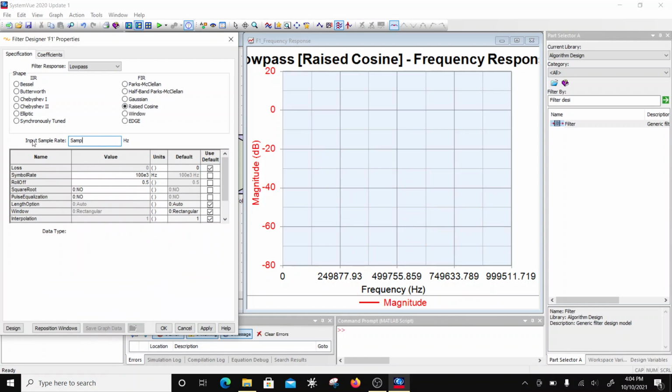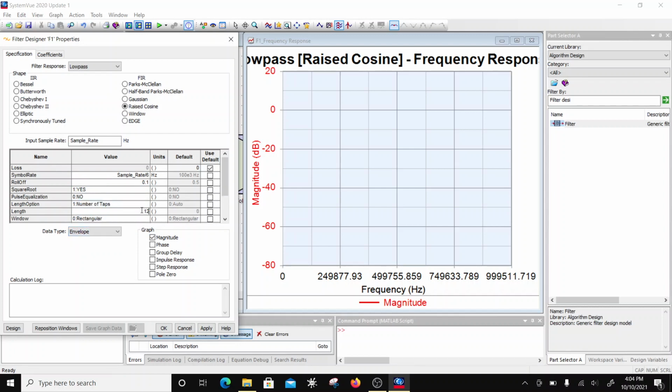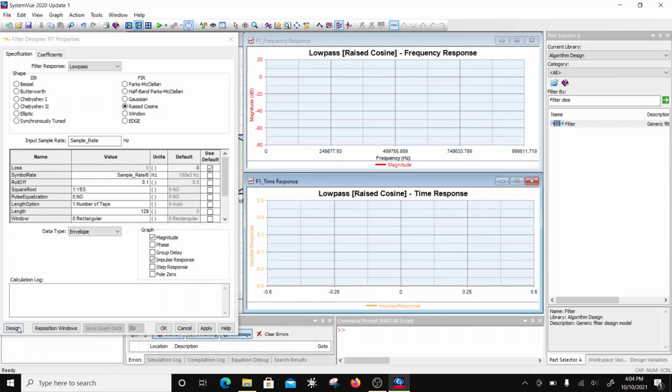Here I'm going to put sample rate by 6, with a roll off of, let's say, 10%, and the roll off nature is square root. The number of taps I'm going to put as 129, and this is a rectangular window, which I'll leave as is, and I'll say interpolation 5. That means I'm taking 5 samples per bit, and I'm going to look at the response of the filter.